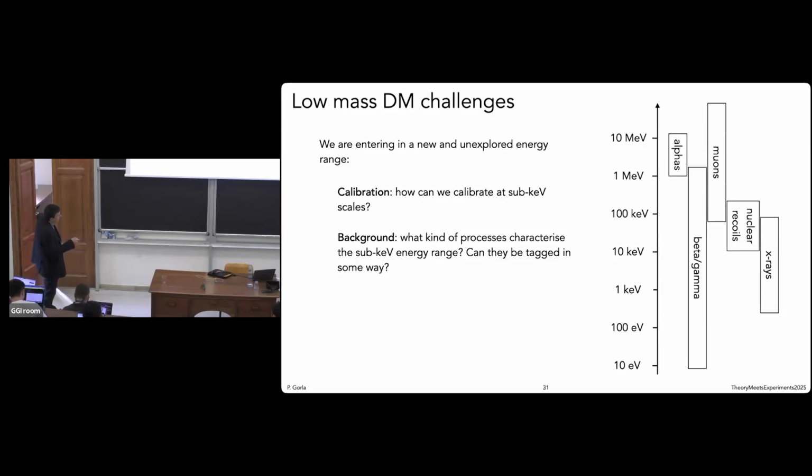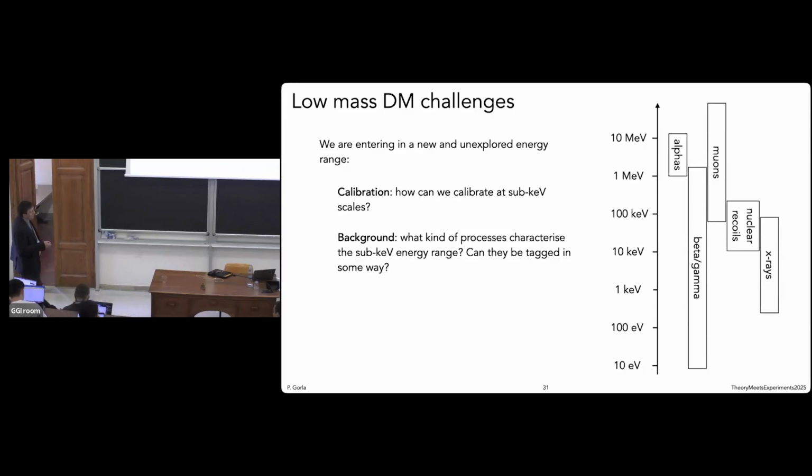So alpha particles are in the MeV range. Muons, this depends, of course, on the part of the detector they cross, but usually the energy is a few MeV per centimeter gram. So it's easy to release higher energies, or you can cross-check with other muon vetoes, nearby detectors, and so on.